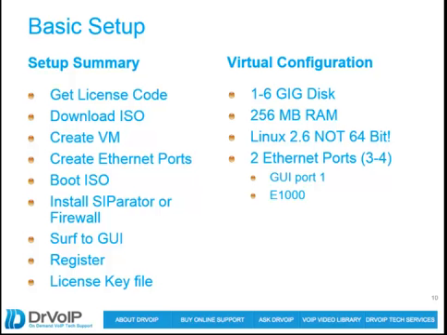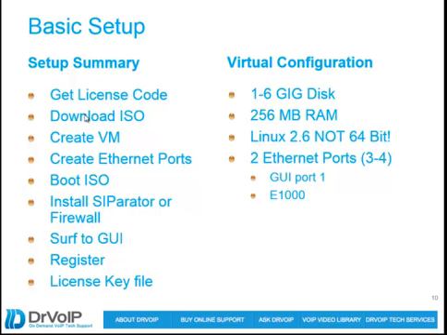At the time you get that operational, you'll bring up a browser, surf to the SIParator, and register the box. Again, it goes out to their site and registers it, at which time you get a license key, which you'll put in your software, and at that point you're licensing the software to the box you're running it on. The virtual configuration itself is not that demanding.